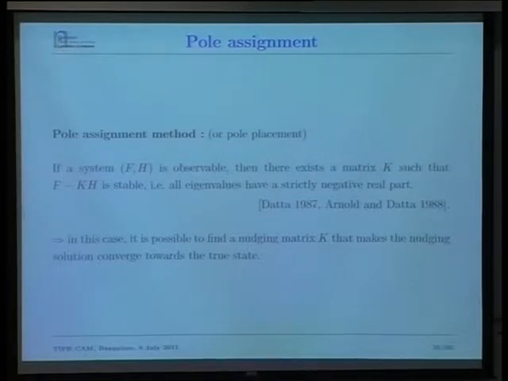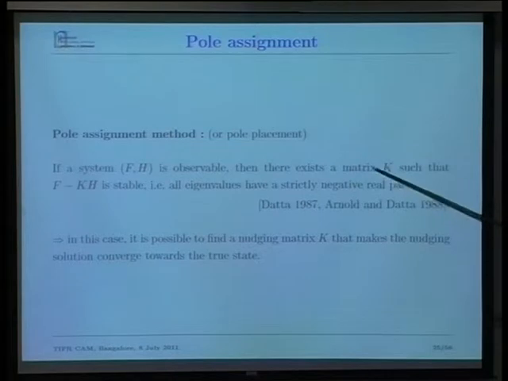So there is a result known as the pole placement or pole assignment method that says that, still in the linear case, if a system (F, H) is observable, then there exists a matrix K such that F minus KH is stable. So all eigenvalues have a strictly negative real part.